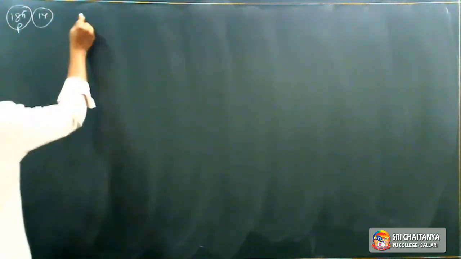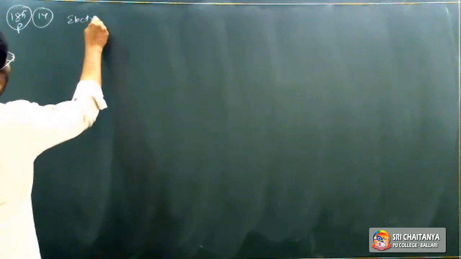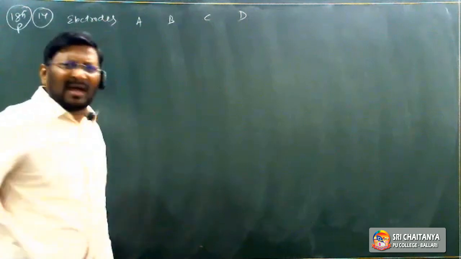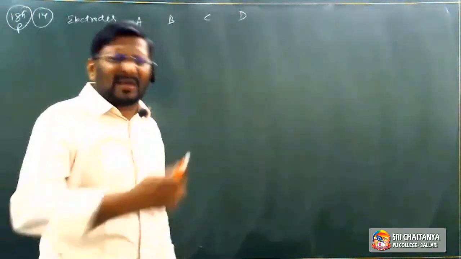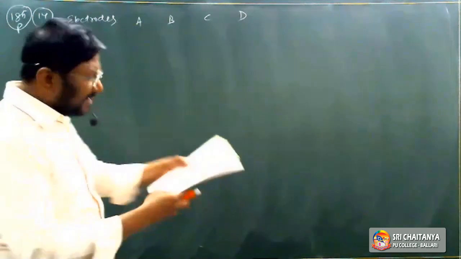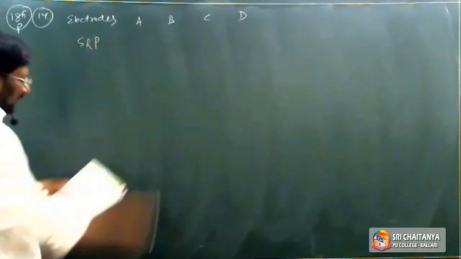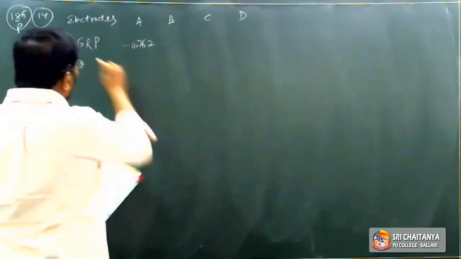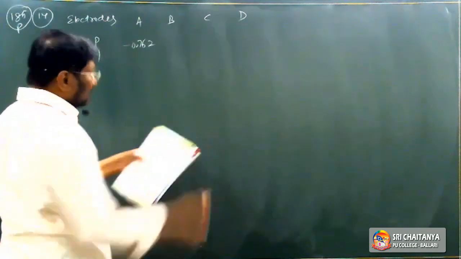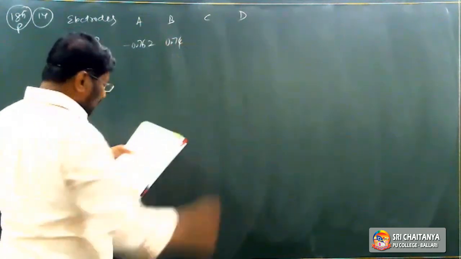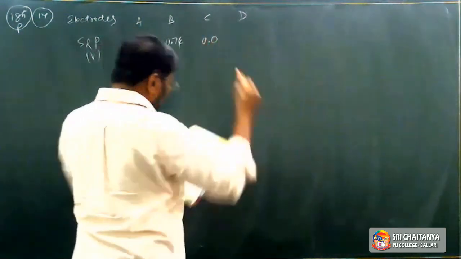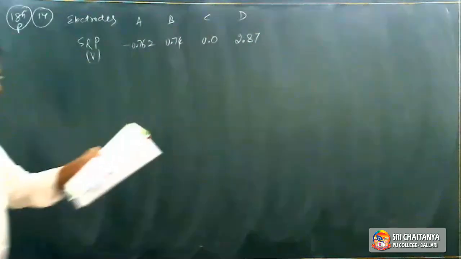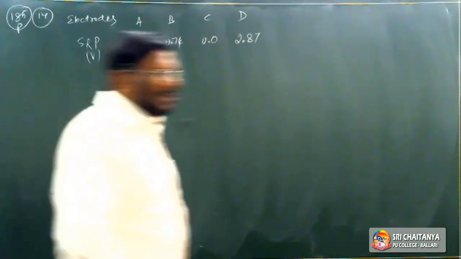See, they have given electrodes A, B, C, D. Actually, I'm not writing the complete one, simply the electrodes A, B, C, D. Their SRP values: minus 0.762 volts, plus 0.74, 0.0, 2.87. The question is the strongest reducing agent.